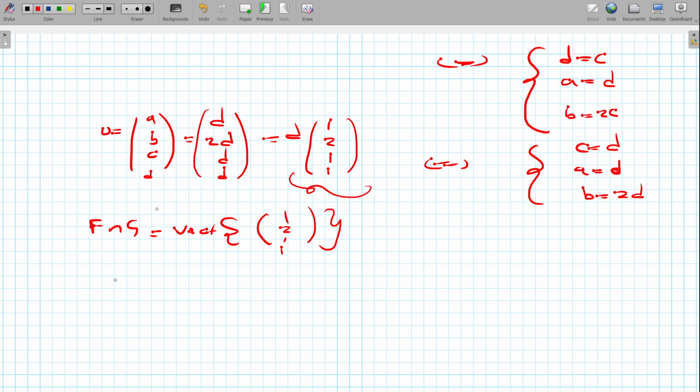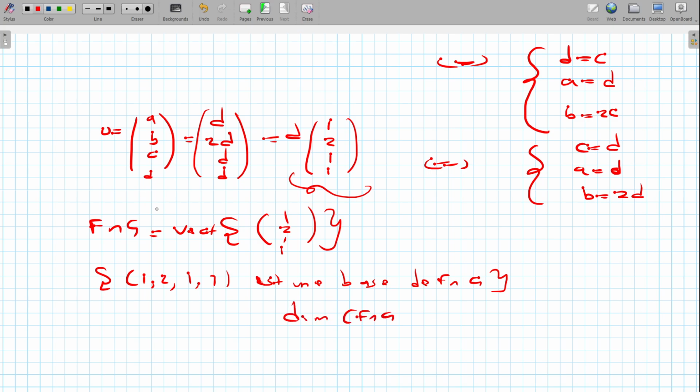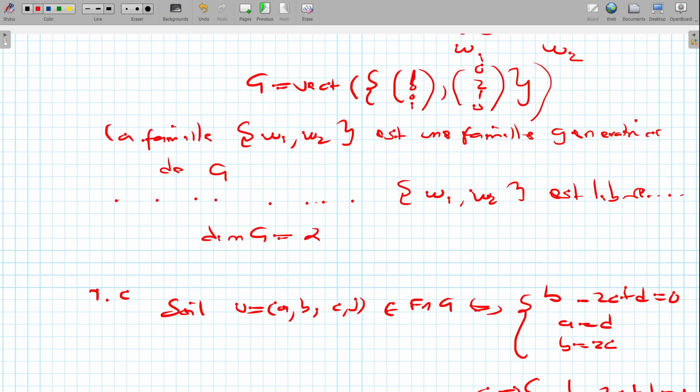And then you can see that this family that contains only one vector with components 1, 2, 1, 1 est une base de F inter G, which is going to mean that the dimension of F intersection G is going to be equal to 1.